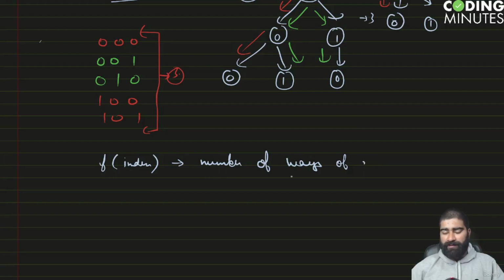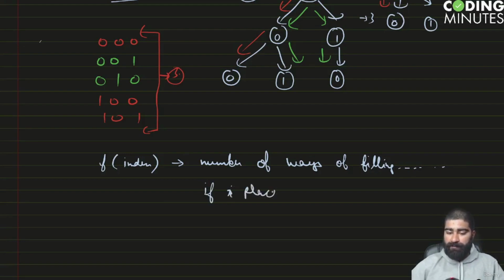Let's say the number of ways of filling the array with zeros and ones such that there are no consecutive ones, if I place 0 or 1 at index I.